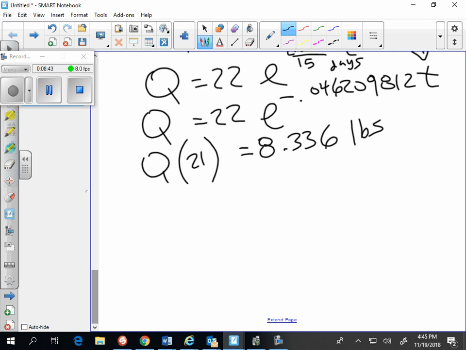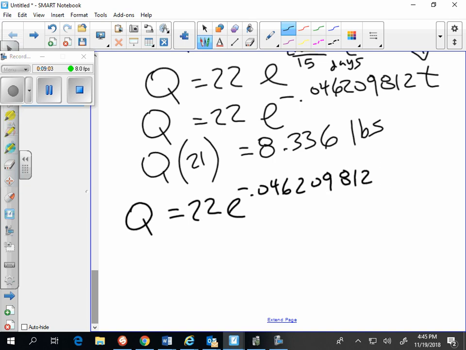The next question I want to look at with you is, when will there be only 5 pounds of gnome remaining? Well, we've got this gnome model, Q equals 22 e to the negative 0.046209812t.